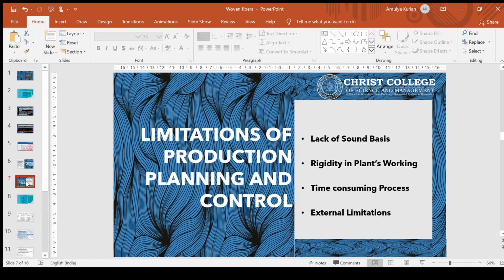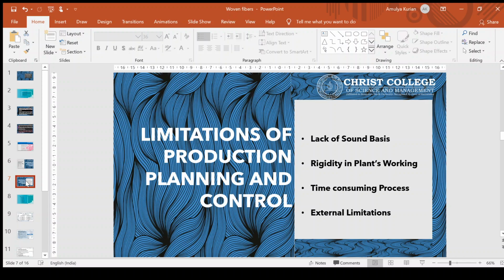Second one, rigidity in plant working. If it is fully planned, the working will be rigid, like there won't be any deviation from the plan which has already been established. Once the production planning has been completed, any subsequent change may be resisted by the employees because we are working on schedules which have already been made.